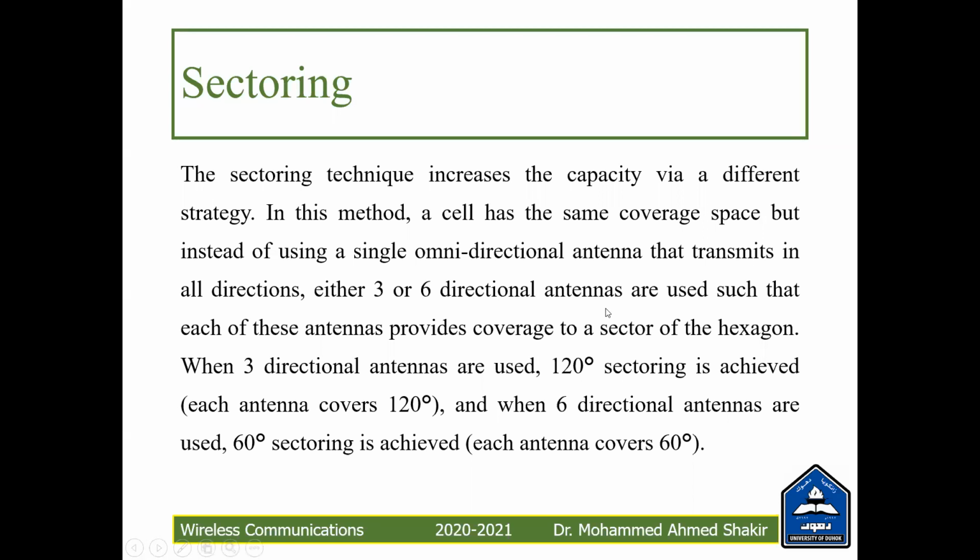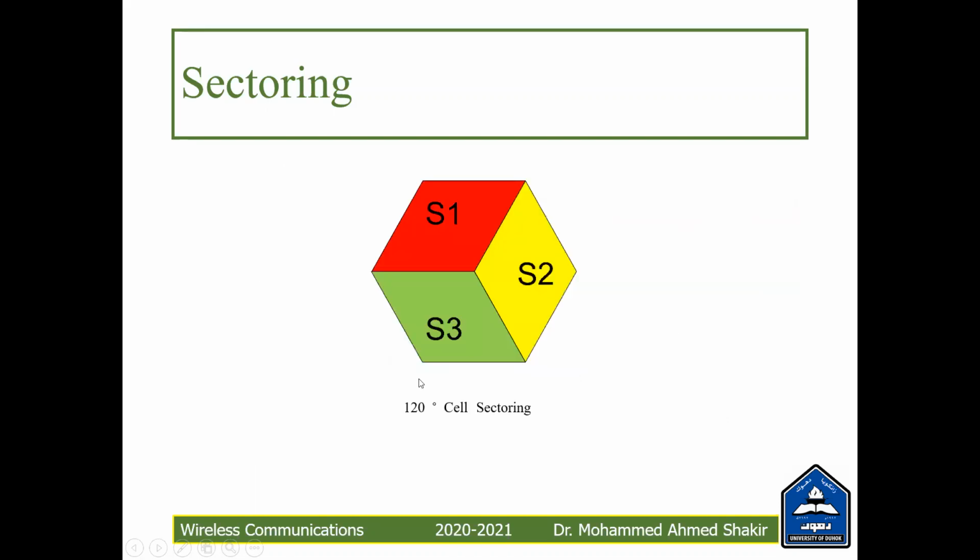Either 3 or 6 directional antennas are used such that each of these antennas provides coverage to a sector of the hexagon. With 3 directional antennas, 120-degree sectoring is achieved. Each antenna covers 120 degrees, and when 6 directional antennas are used, 60-degree sectoring is achieved. Each antenna covers 60 degrees.